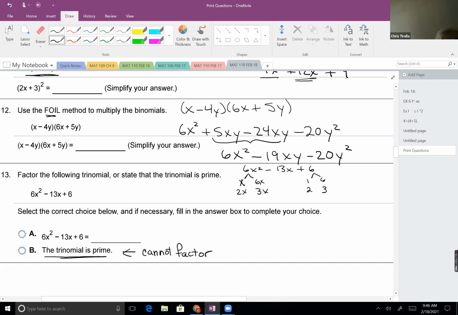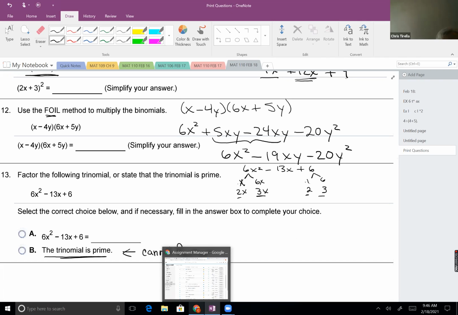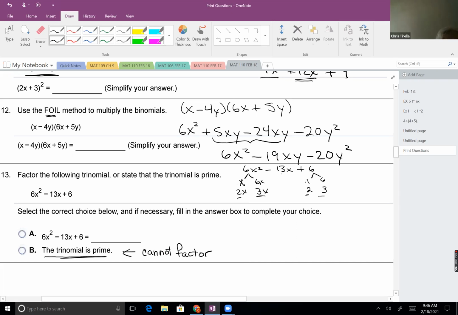I'm looking at the 2s and 3s. If I do it so that the 3s get multiplied, that would give me 9. And the 2s get multiplied, that would give me 4. And 9 and 4 would give me that 13 in the middle. So let's try the 2x and the 3x. Signs are the same, both minus.